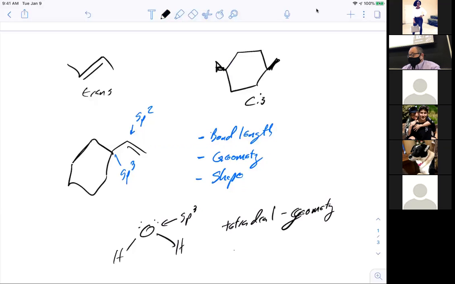But the shape is bent. Okay. So if it says geometry or shape, those are two different things. They can give two different answers. If that had been carbon, they both would have been tetrahedral. If it had been a nitrogen, it would have been tetrahedral and trigonal planar.